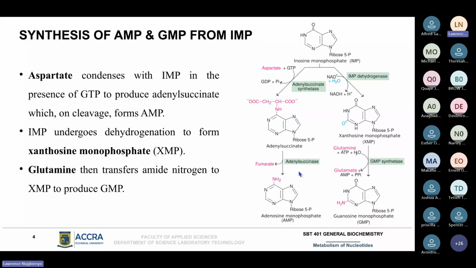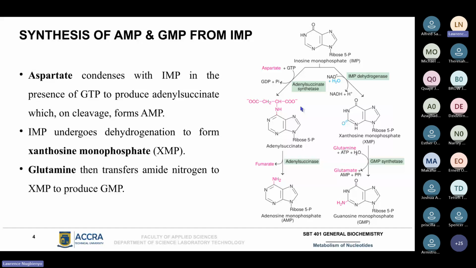It is just, if you look at it critically, an attachment of amine groups coming from these amino acids to give you the guanosine monophosphate.